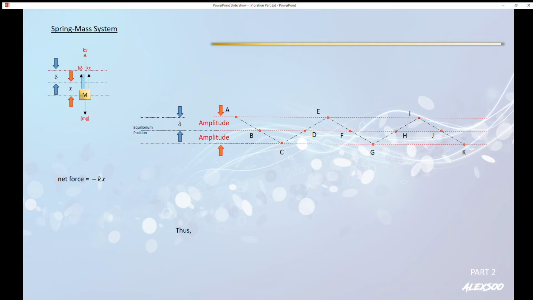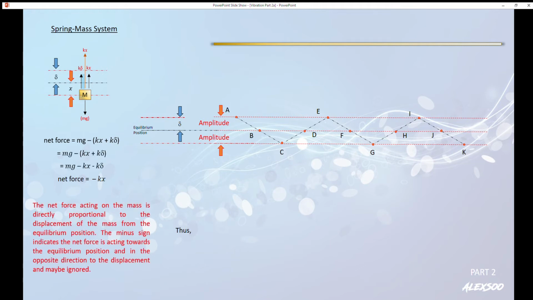When the mass has already moved from delta to x, then you have a net force of mg minus the total upward forces, that is kx plus k delta. At the equilibrium position, we already know that mg equals k delta. So therefore, the net force is only negative kx.